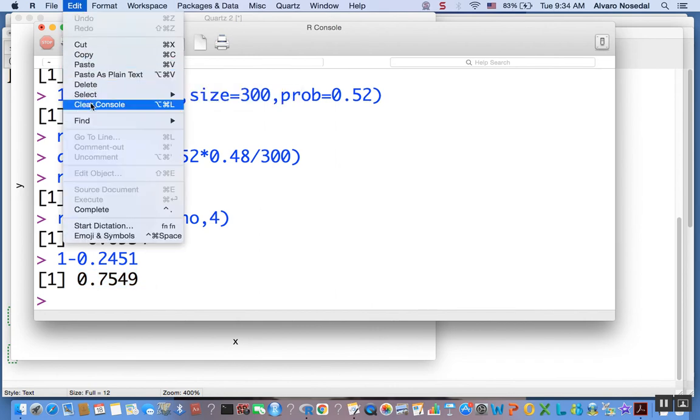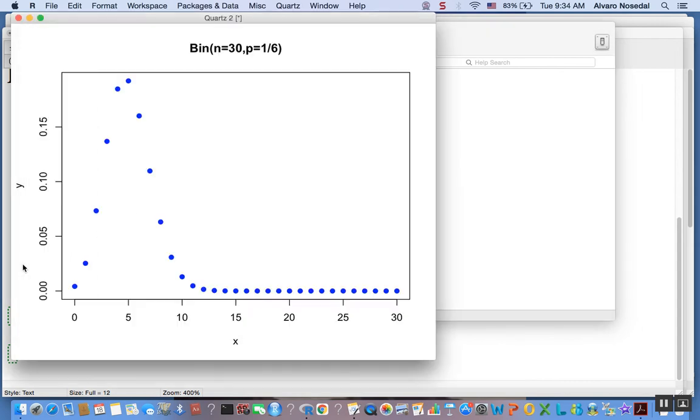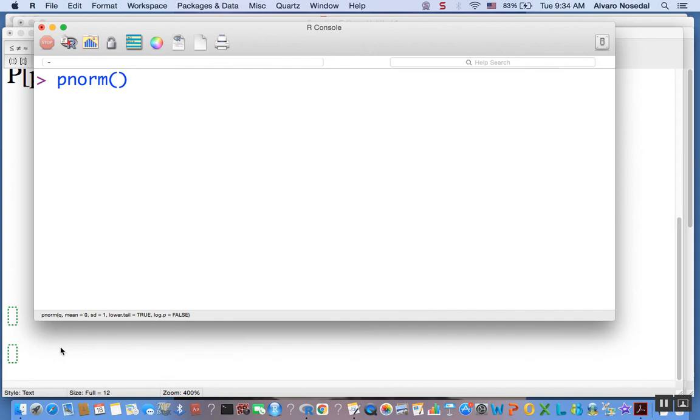Let me clear this again. Here we go. So P-norm is going to evaluate the CDF at a particular point, right? And note something interesting here.